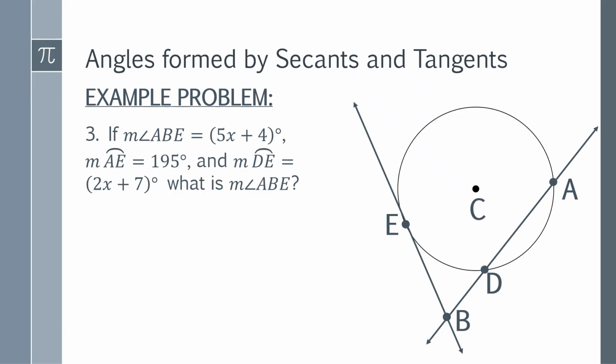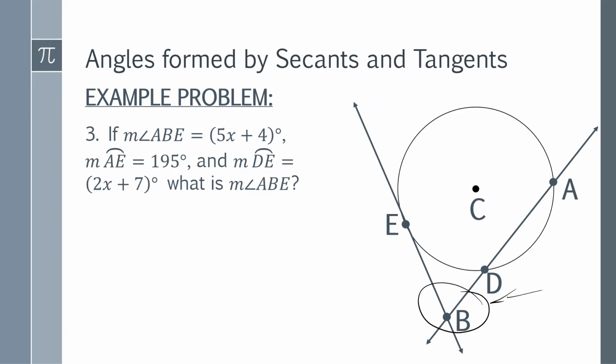Done already? Okay. So remember, the two lines intersect outside the circle. So if they intersect outside the circle, then their intercepted arcs must be subtracted.